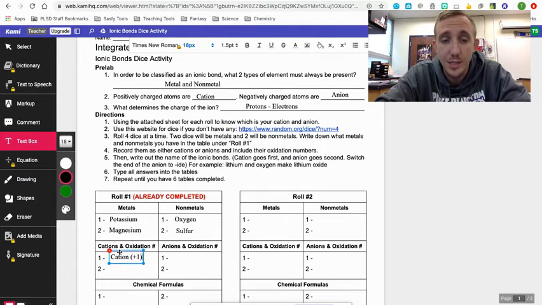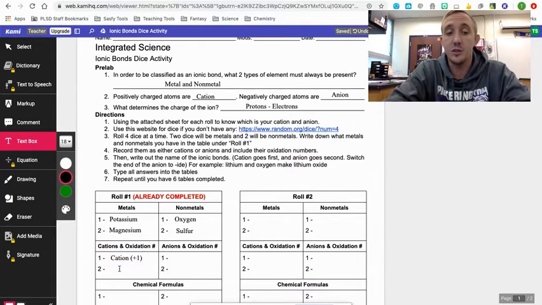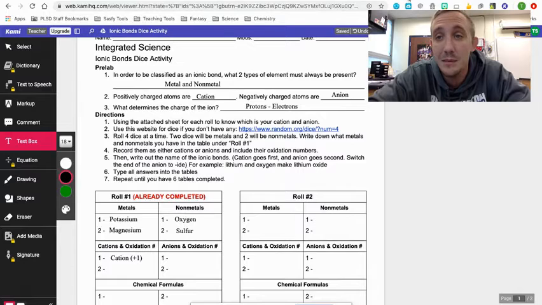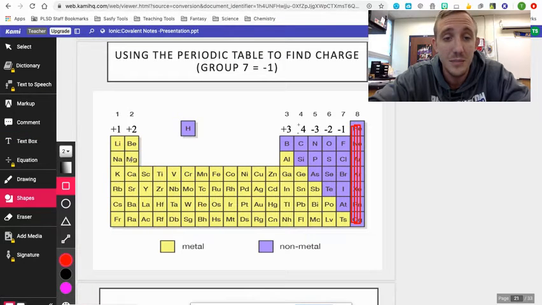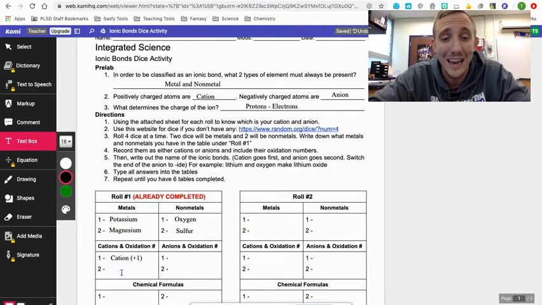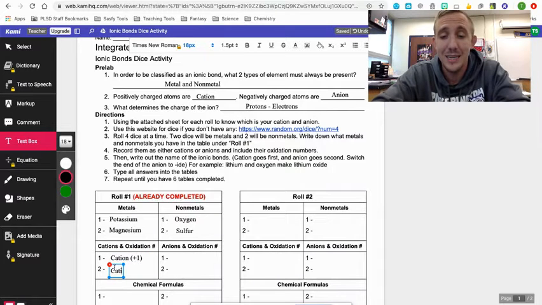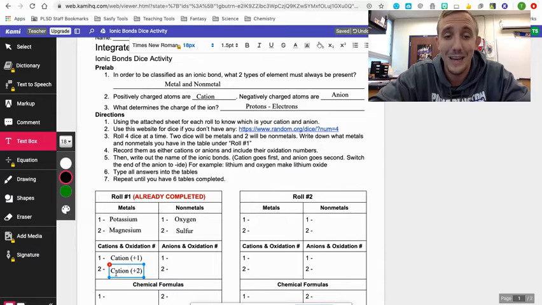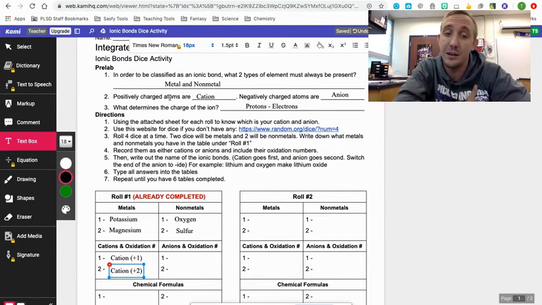And so we're going to be using these charges today. Okay, and so for my second element, magnesium, I also go to look. Magnesium's in group 2, so it has a positive 2 charge. So it is also a cation because it's positive. So it's a cation, and it's a positive 2 charge. Okay, and so remember, cations are just positively charged atoms.